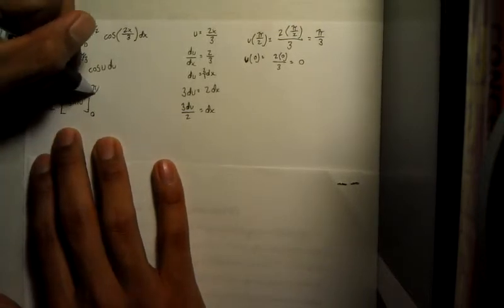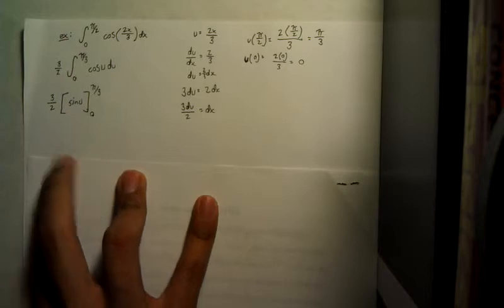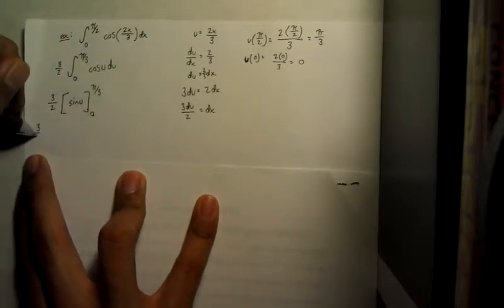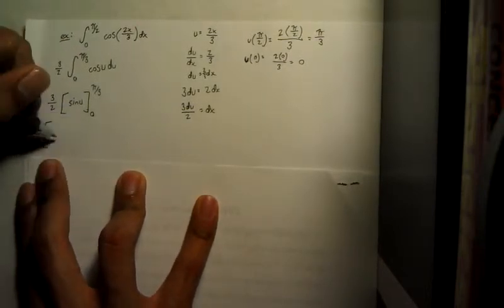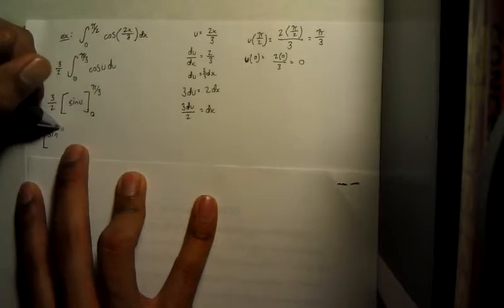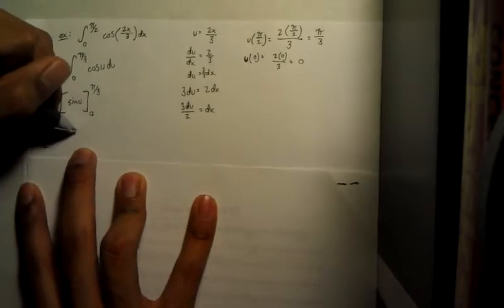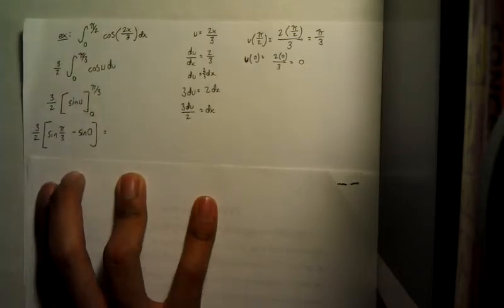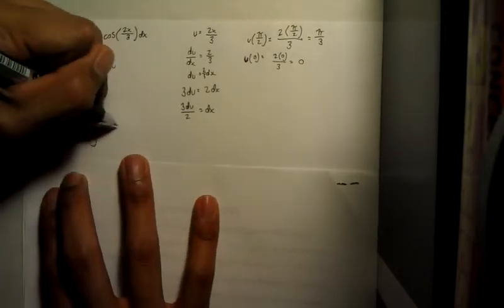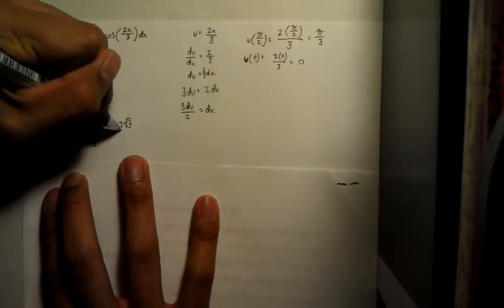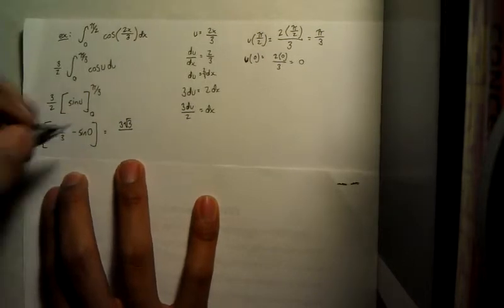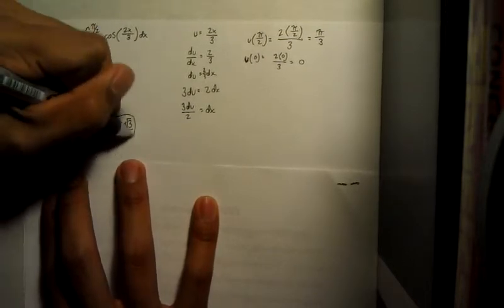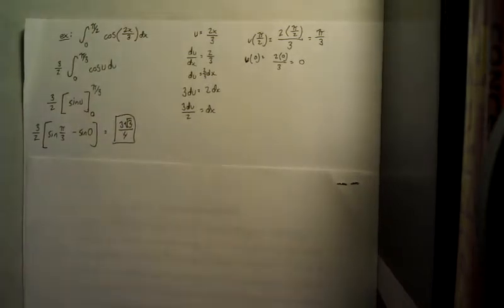And we're now going from 0 to pi over 3. 3/2 times sine of pi over 3 minus sine of 0. And that should give you, after some simplifying, 3 root 3 over 4. And there's your integral.